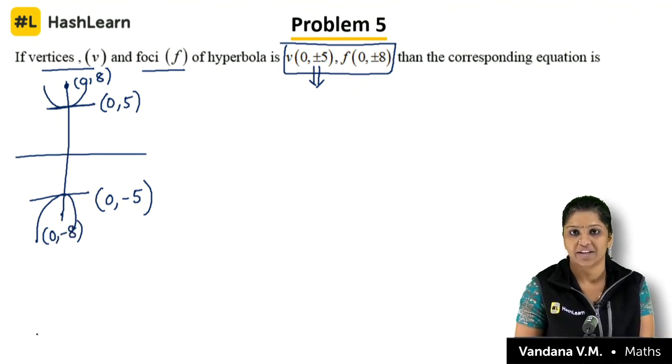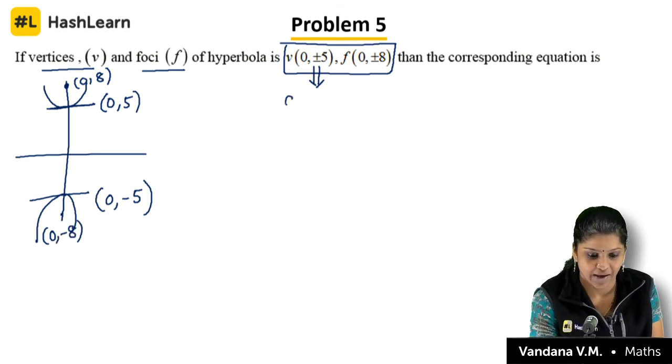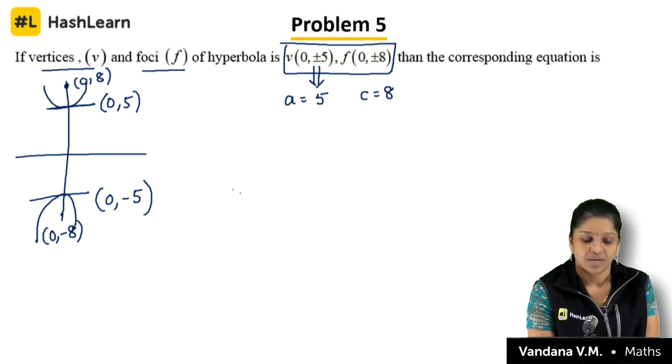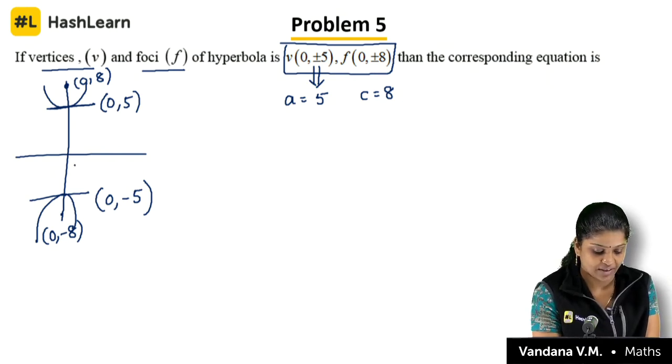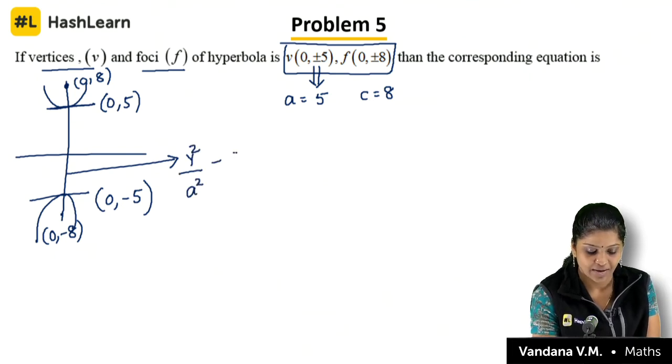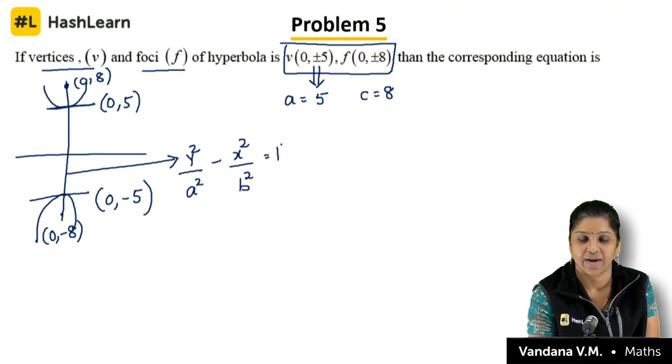These are the coordinates. So, very simple, a value is given as 5, c value is given as 8. Now, whenever we have it like this, how will I write the equation of the hyperbola? y square by a square minus x square by b square is equal to 1. Devi Priya, are you there?